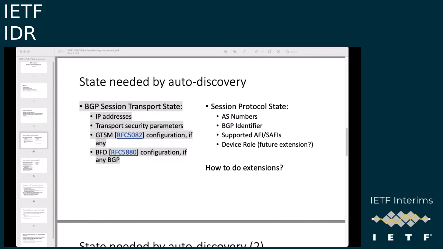After that, all the other validation or role or whatever it may be would be part of the BGP negotiation. So if we want further extensions or to add something to that, we would be doing it as part of the BGP protocol. Is that a fair summary?